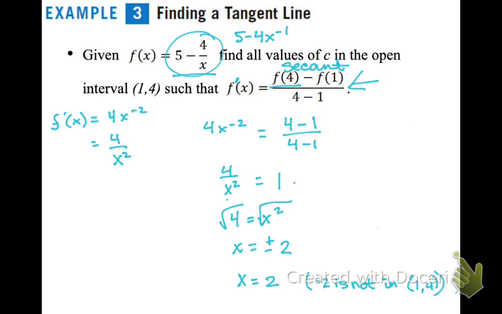Did everyone get that prime added to your problem? Questions on that? No. Ainsley, what's wrong? I'm just trying to understand it.